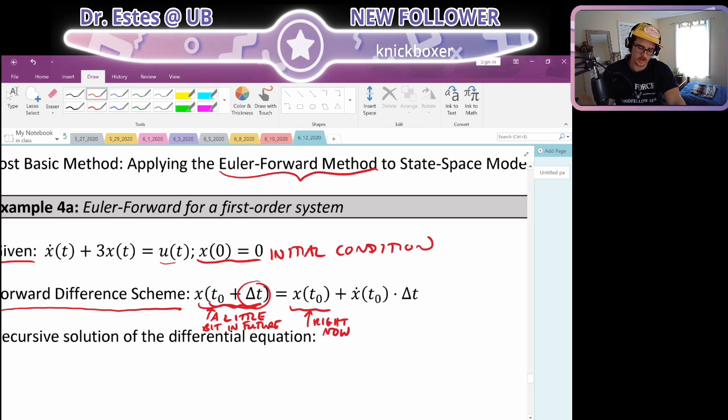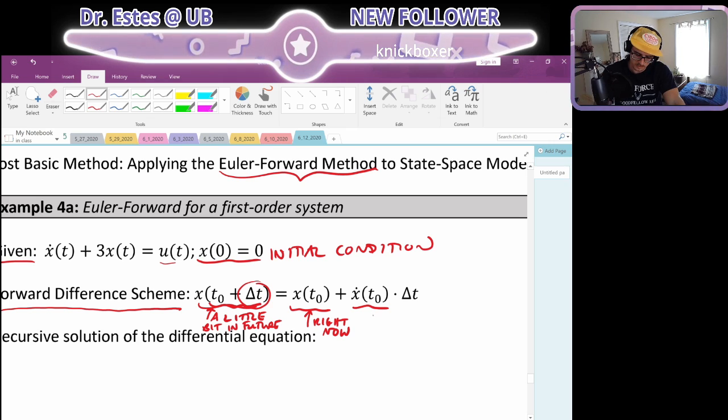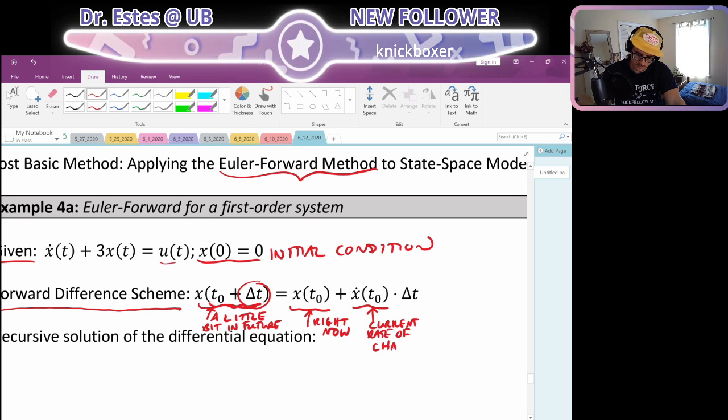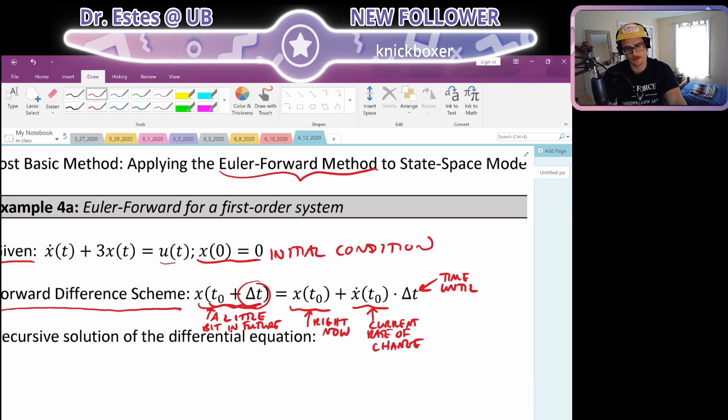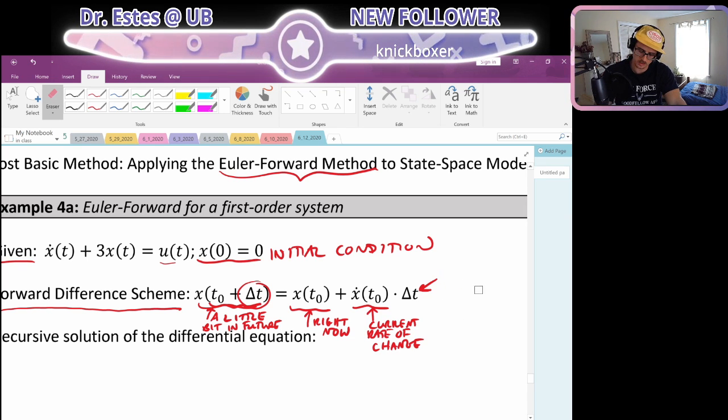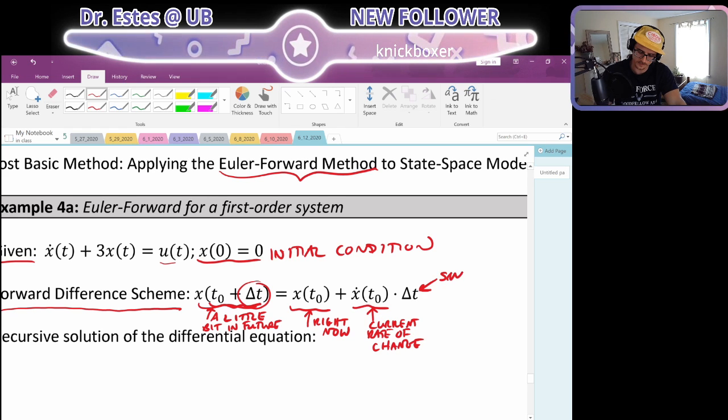That's going to be where you are right now plus your current rate of change times a small time duration.